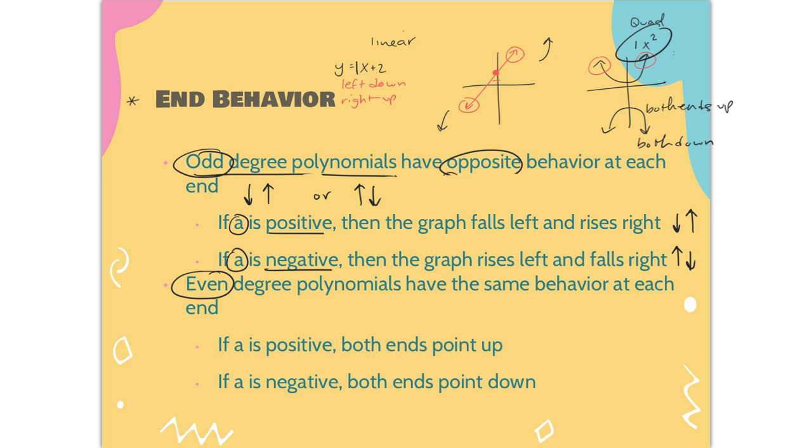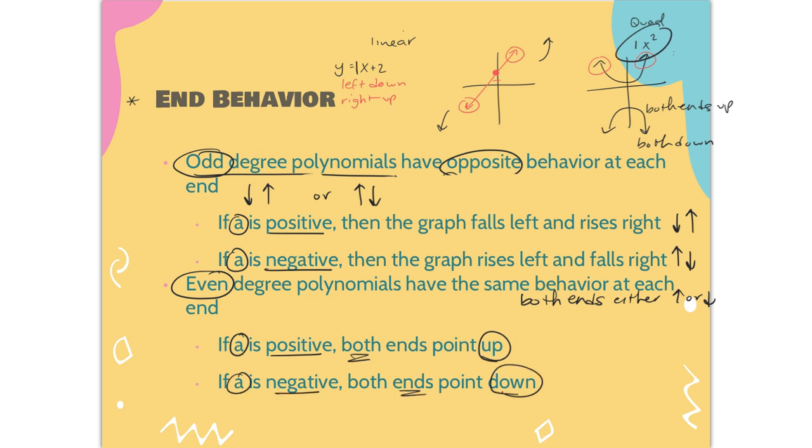Well, as you can see there, you have the same behavior at the ends. So both ends either go up or down. They go in the same direction. So how do you know which direction? Well, again, the a value is going to tell you that. If a is positive, both ends go up. And if a is negative, both ends go down.